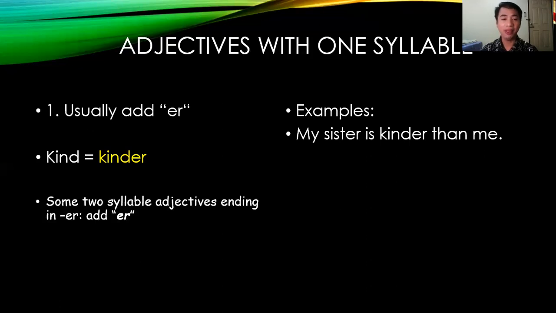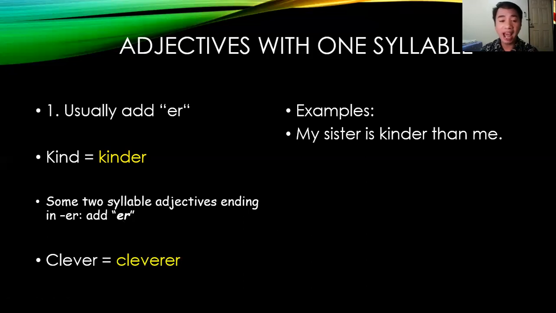Another: if there are two-syllable adjectives ending in er, you also add er. For example, clever. Clever ends with er, so to compare, we're going to add er at the end of the word.